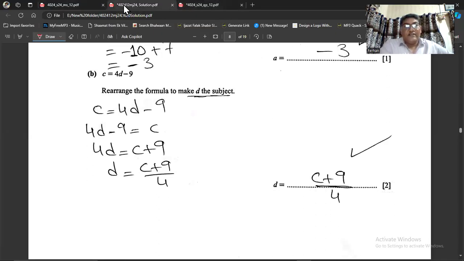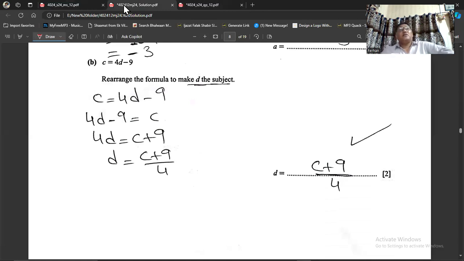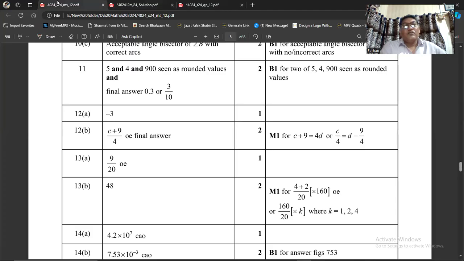So we have C is equal to 4D minus 9, so 4D minus 9 is equal to C. So 4D will be equal to C plus 9, and D will be equal to (C plus 9) divided by 4. The whole thing divided by 4, I mean. So yeah, our answer is right.